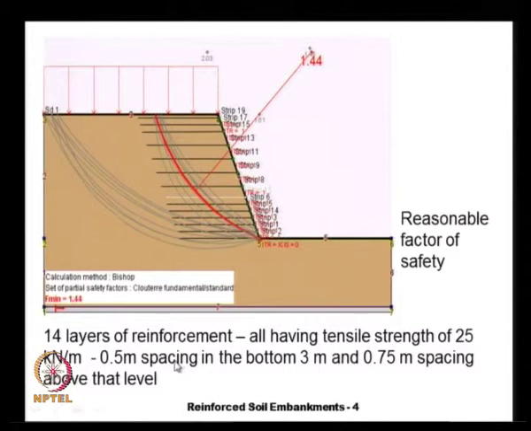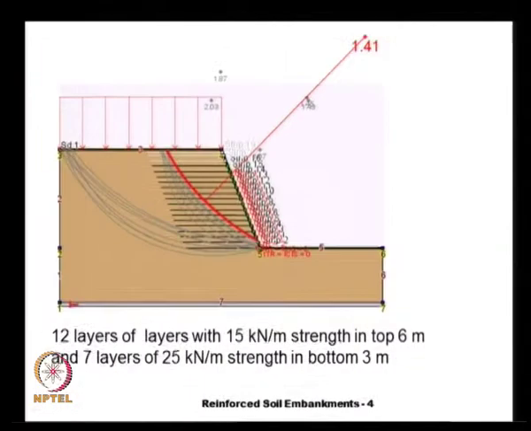The reinforcement layers were provided at half a meter spacing in the bottom 3 meters, and 0.75 meter spacing above that level, from 3 to 9 meter height. Let us see whether we can do some optimization, and actually it is an iterative process.